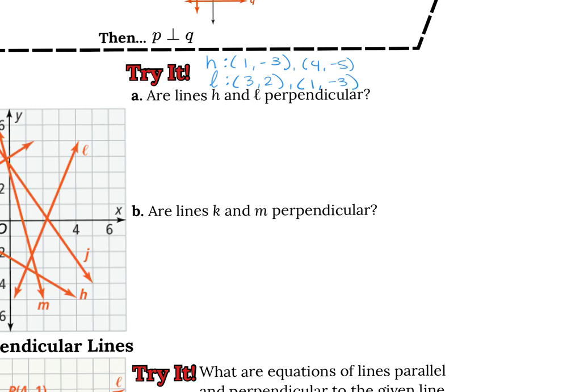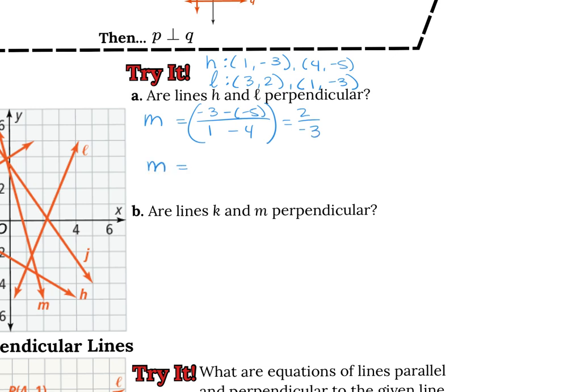So to find my slope of H, 4 minus, no, I flipped those, hold on. 1 minus 4, 2 over negative 3.